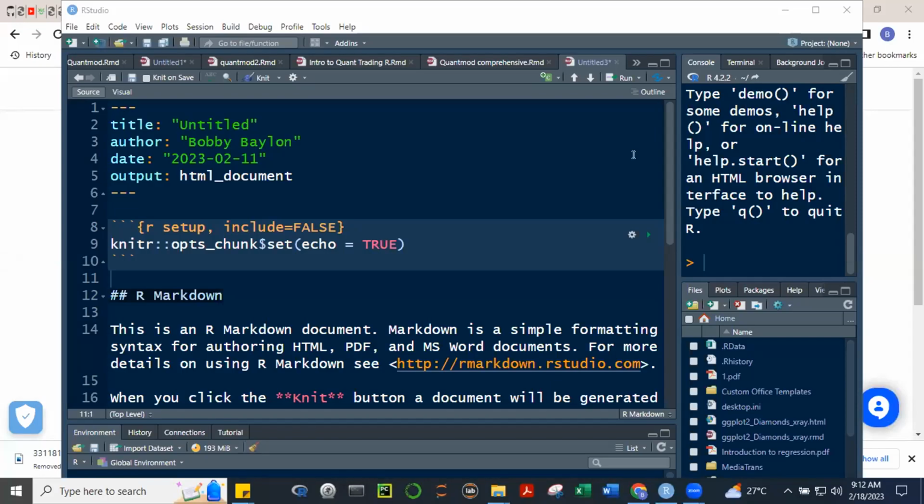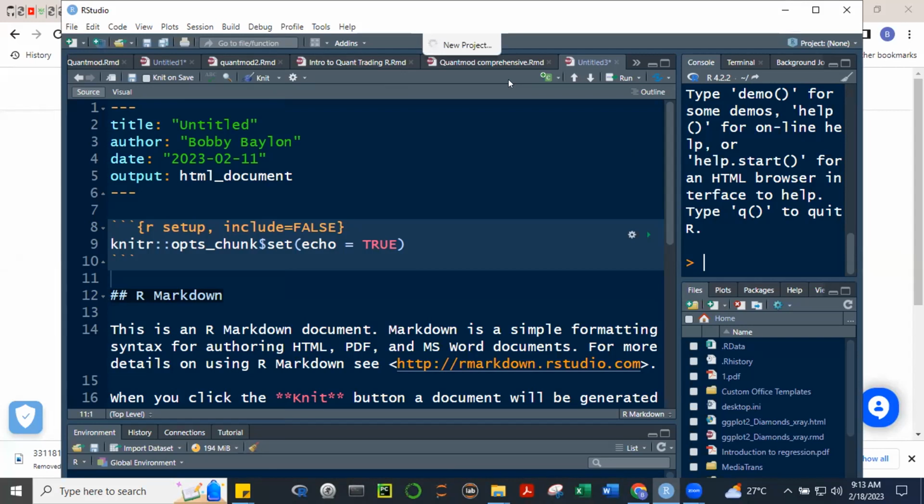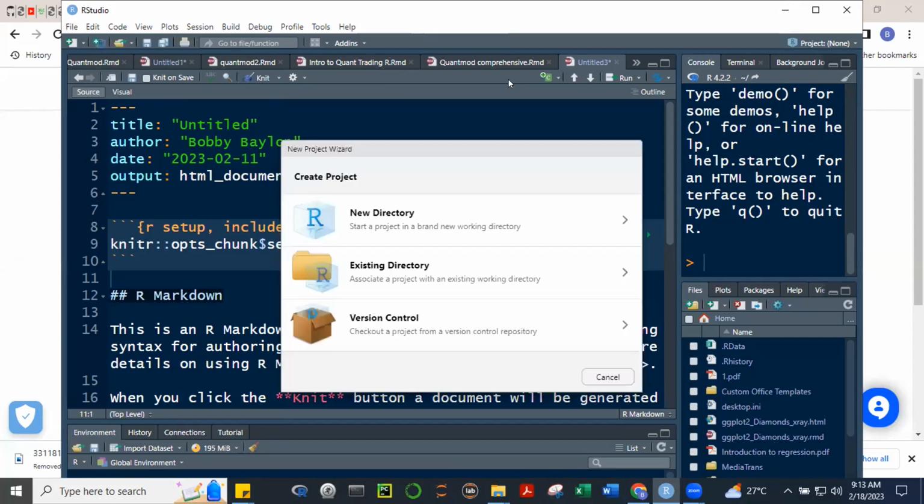We're recording our session for today, which is about introduction to multiple linear regression. So let's first open a new project here. You know how to open a new project, and let's open it.